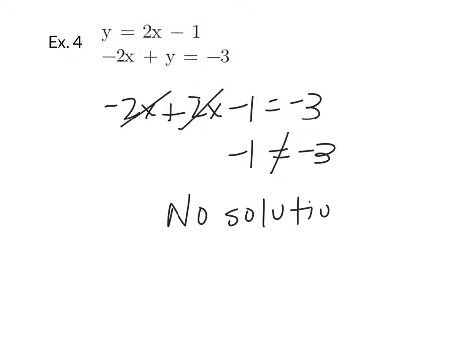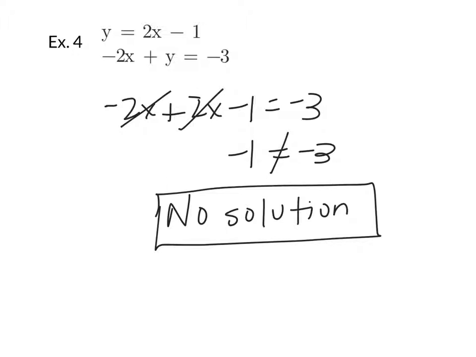Remember, we're trying to find the point where the graphs of these two lines intersect. So if there's no solution, if there's no point of intersection, what does that mean? Well, what that means is that these two equations are actually the equations of parallel lines. Let me just draw a pair of parallel lines, and you'll notice that parallel lines never touch each other, and they never have a point of intersection.